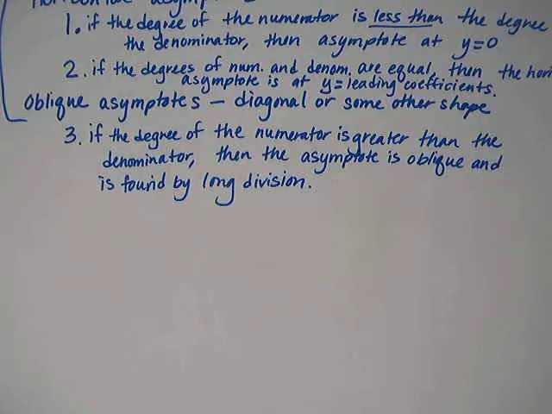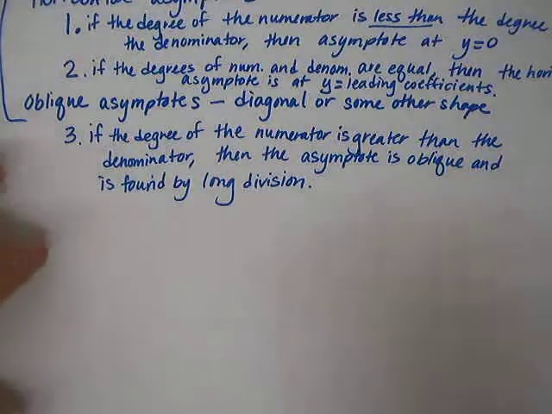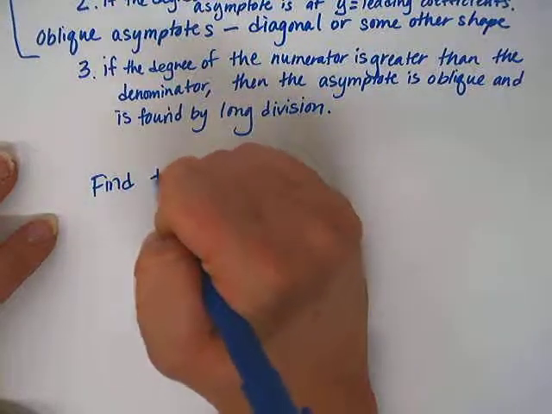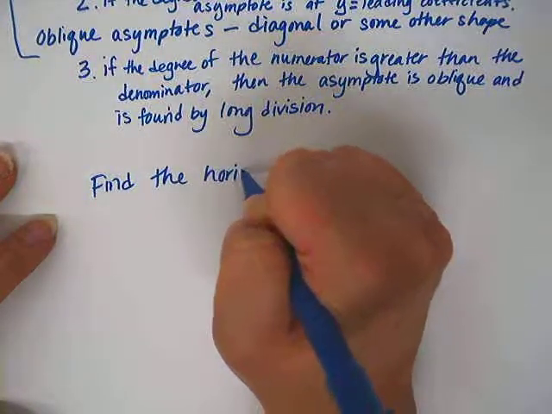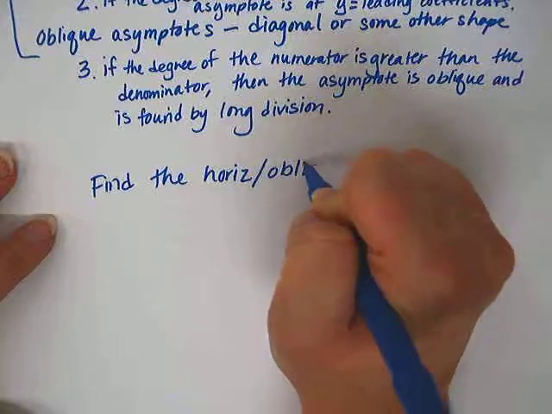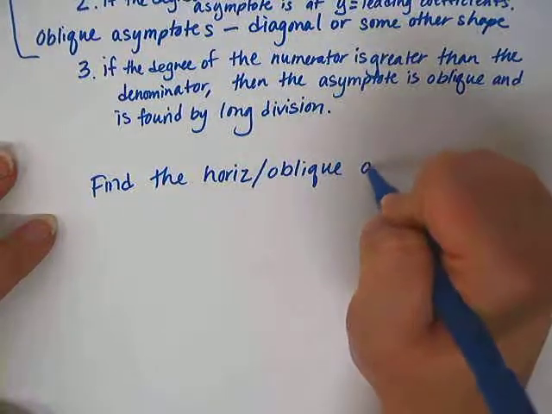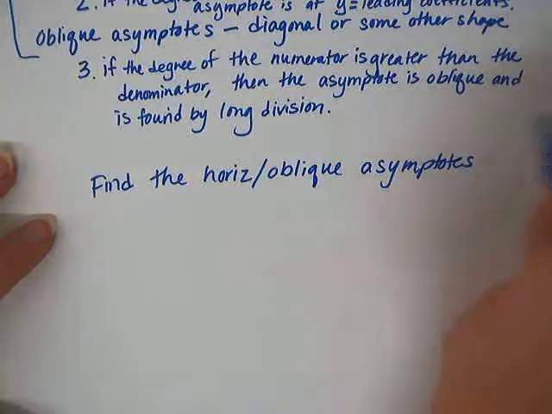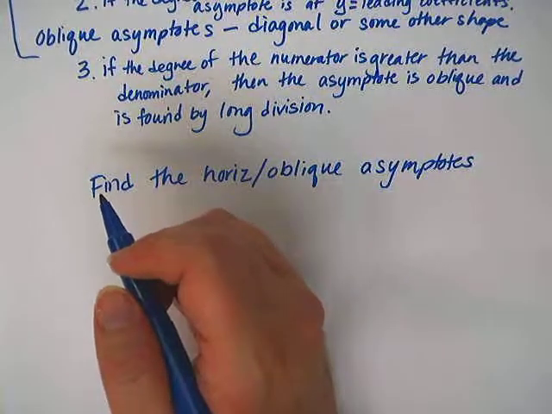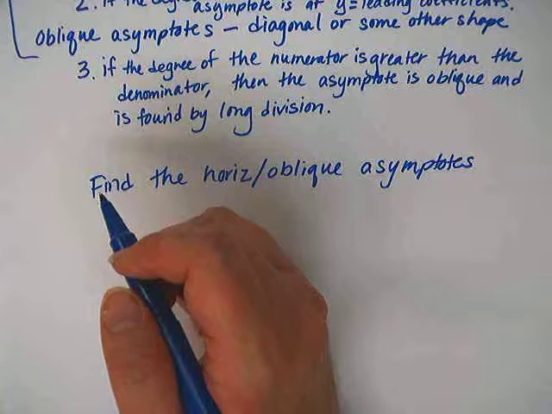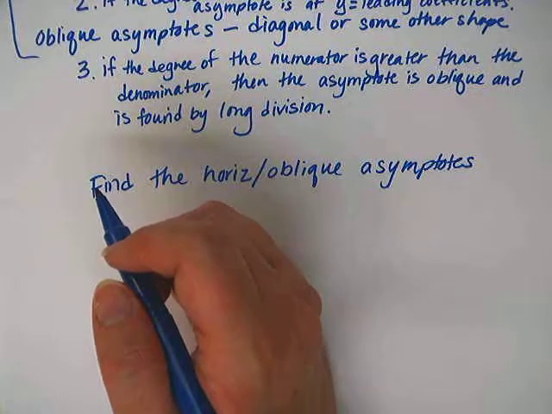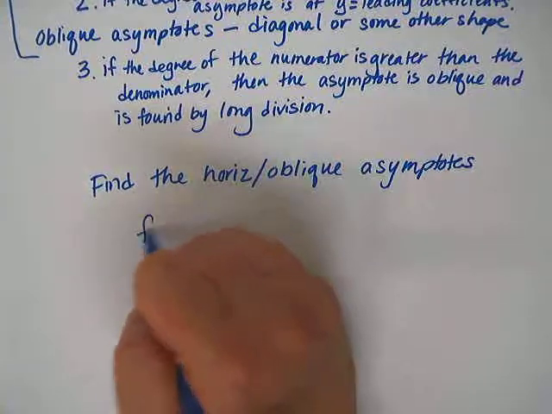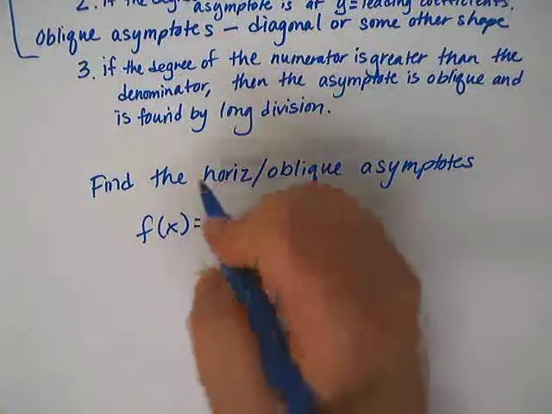Okay, we need to do some examples. Find the horizontal and oblique asymptotes. Let me just throw a bunch of possibilities at you.